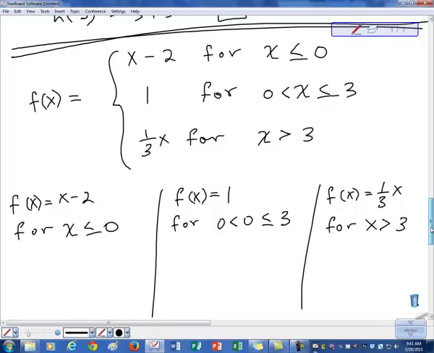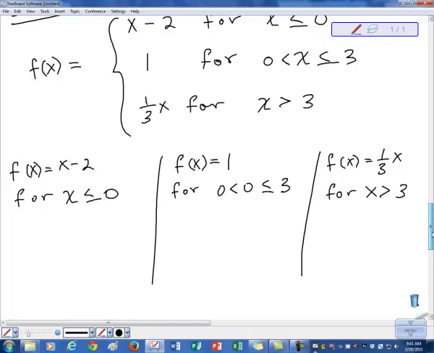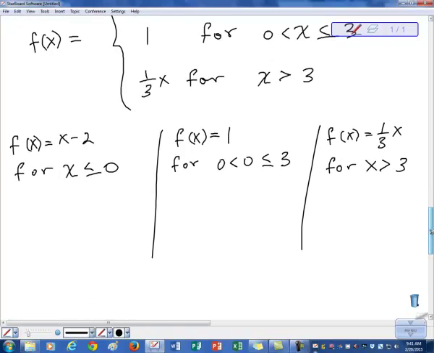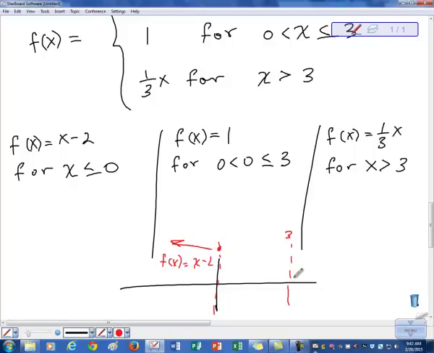Okay, so basically, if you're looking at the graph, at 0, that's covered by f of x equals x minus 2. And so that's including 0 and less than that. Here in the middle, and then you've got 3, you've got your function f of x is equal to 1.